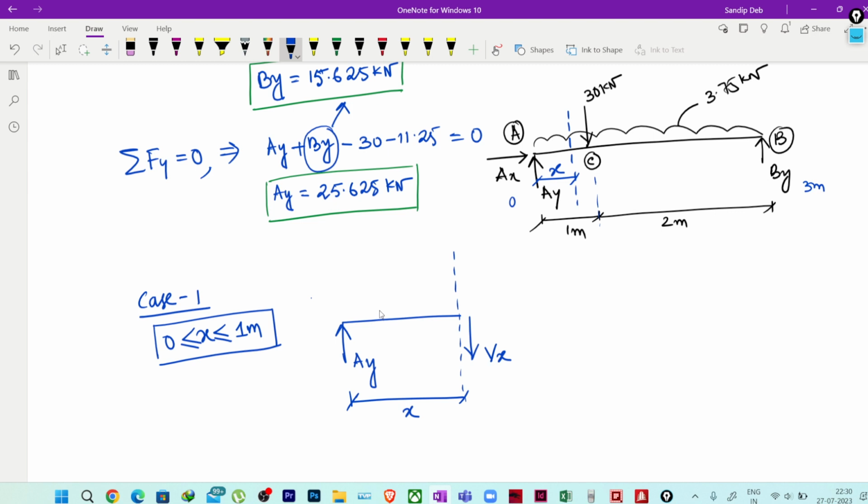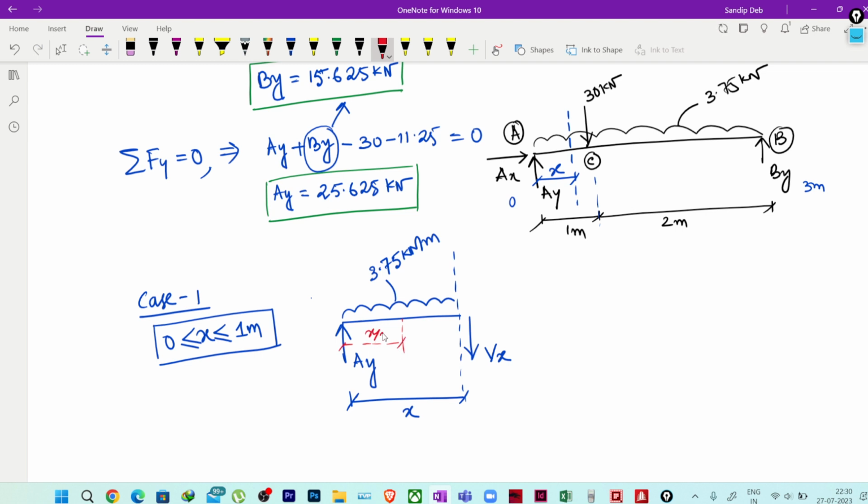This is my shear, I should write Vx, and for the moment, I have this uniformly distributed load here, 3.75 kilonewton per meter. So now that load will be acting where? 3.75 into x, this is the load, and it will be acting at x by 2, somewhere here.